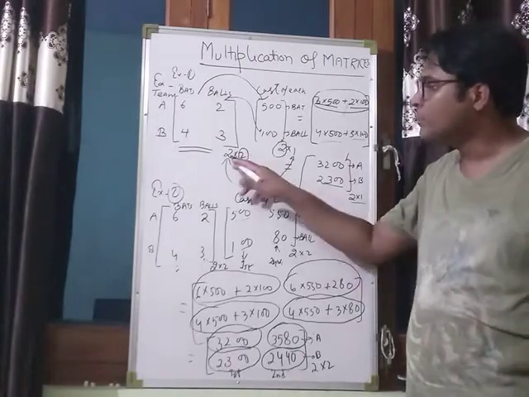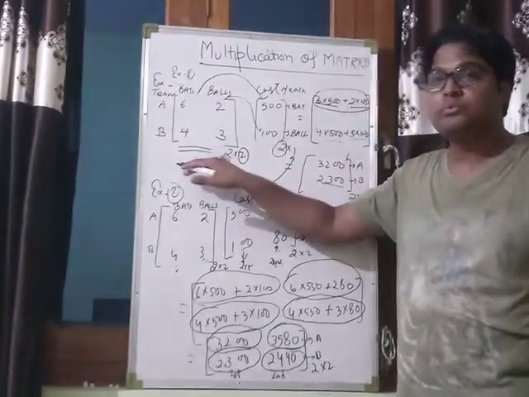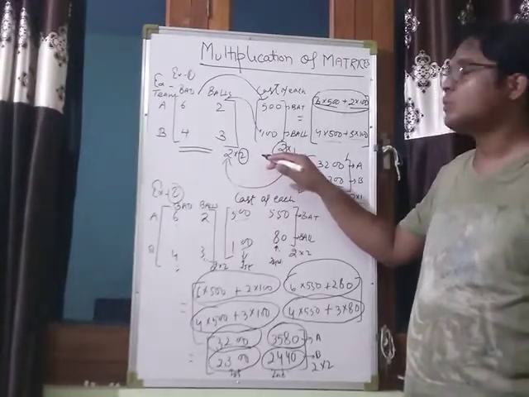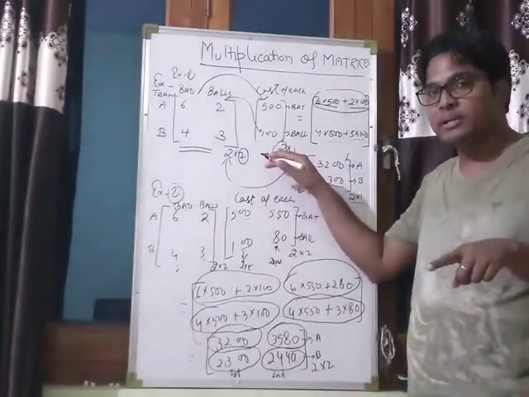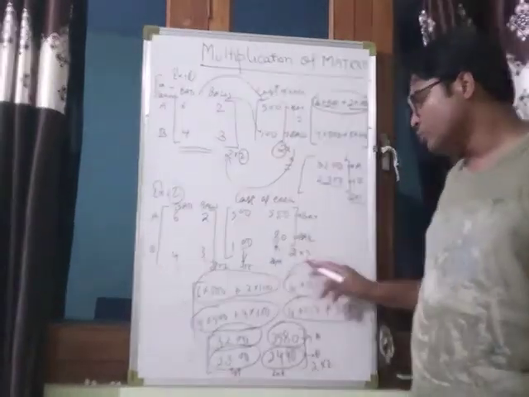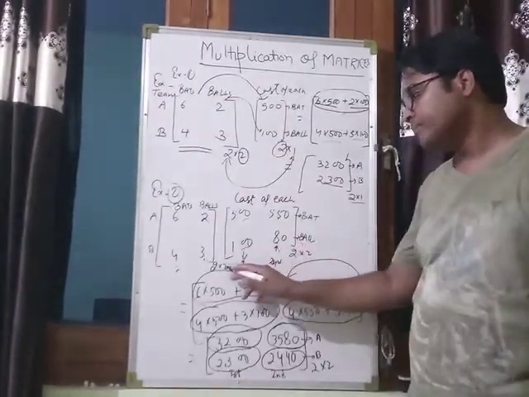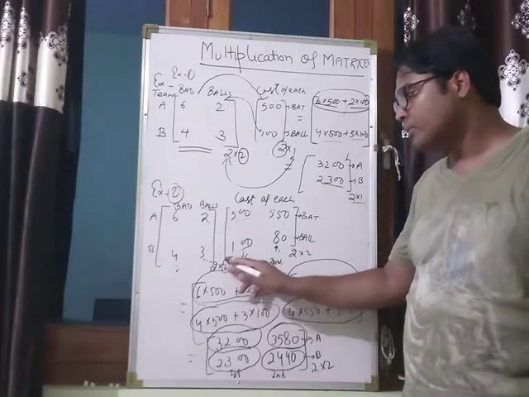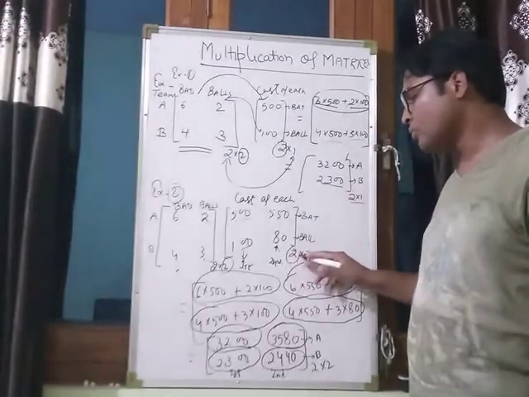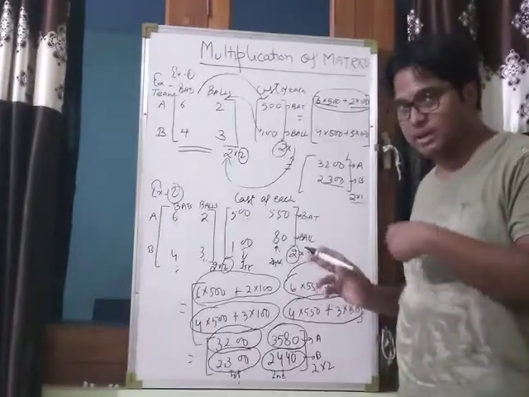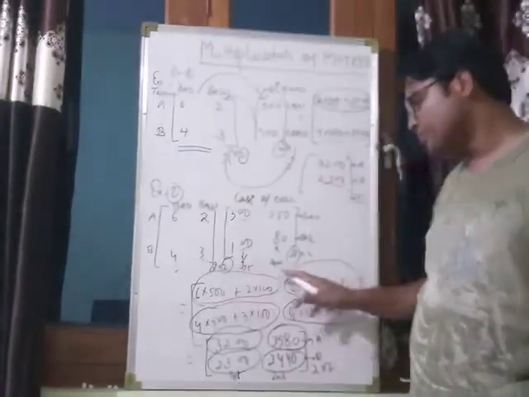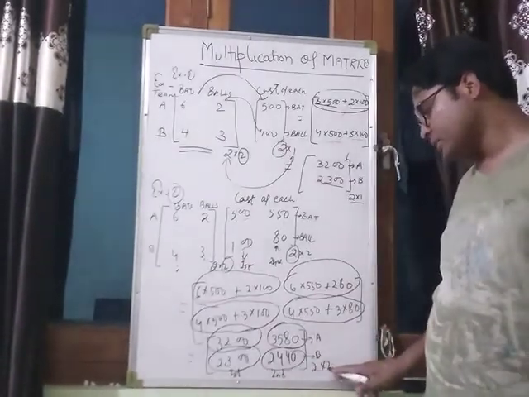That is, the number of rows of the first matrix by the number of columns of the second matrix. Here it is 2 by 2 and 2 by 2. The number of columns of the first matrix and the number of rows of the second matrix are the same, and the result has order number of rows of the first by number of columns of the second.